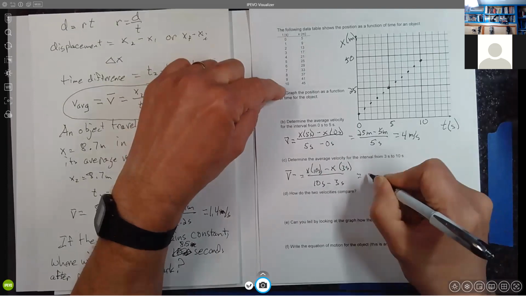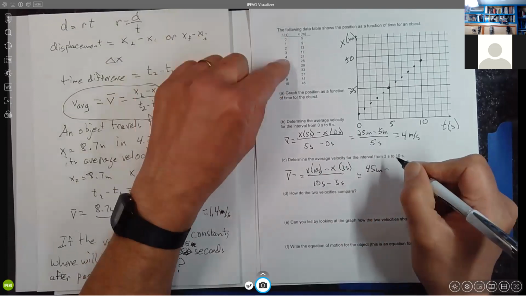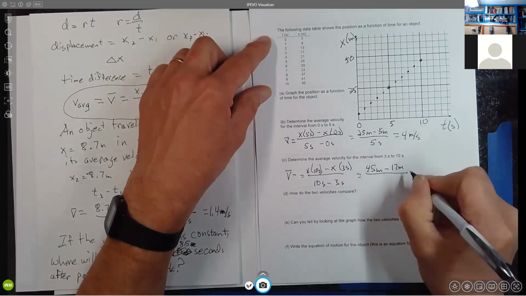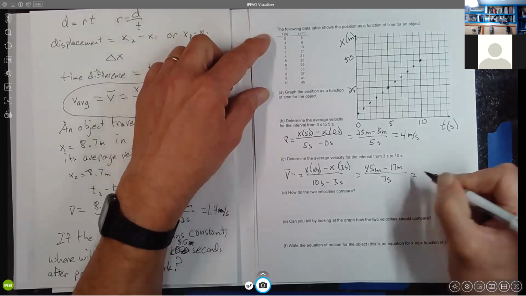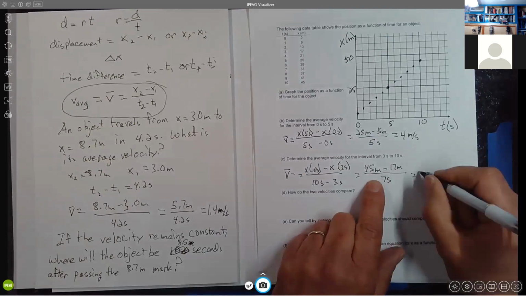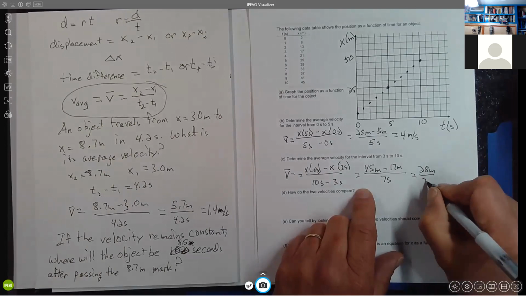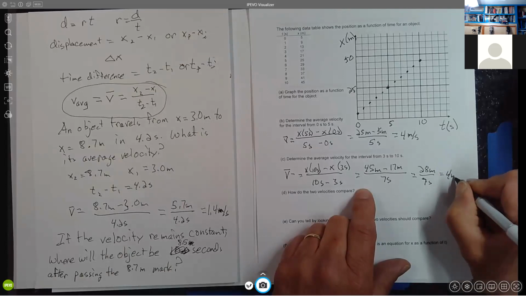So 45 meters minus at 3 seconds, it was at 17 meters. 10 seconds minus 3 seconds is 7 seconds. Let's see, 45 minus 17 is 28. So I'll have 28 meters divided by 7 seconds, which is 4 meters per second.